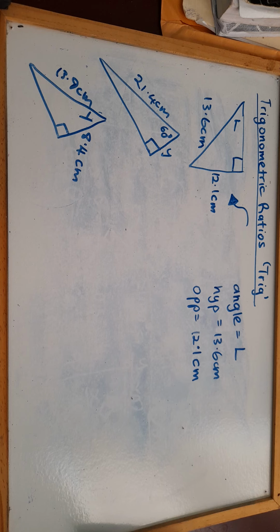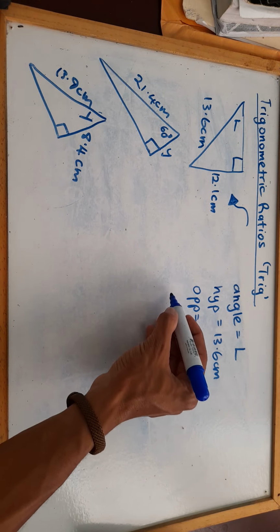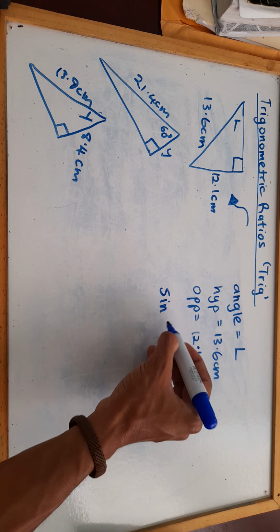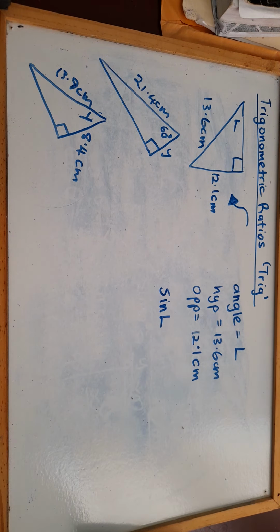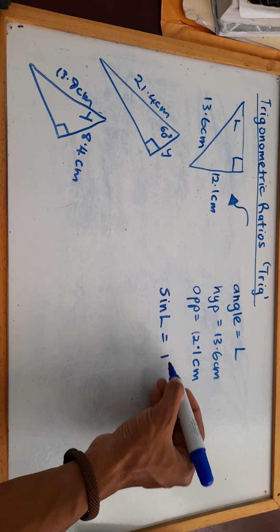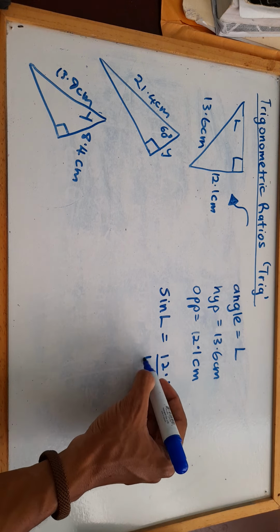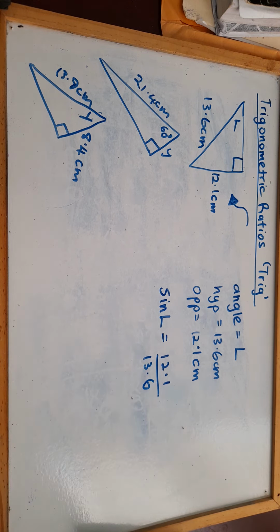Opposite and hypotenuse, we have the sine. So sine L is equal to our opposite side, 12.1, over hypotenuse, 13.6.